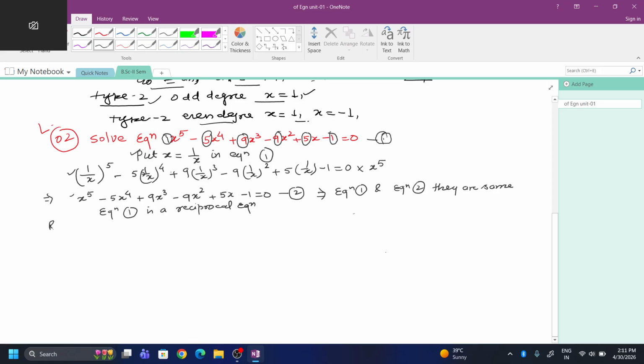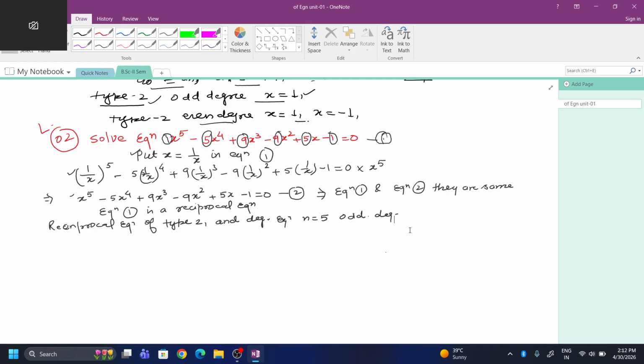So it is your reciprocal equation of type 2, and the degree of the equation is equal to 5, so that it is your odd degree equation.